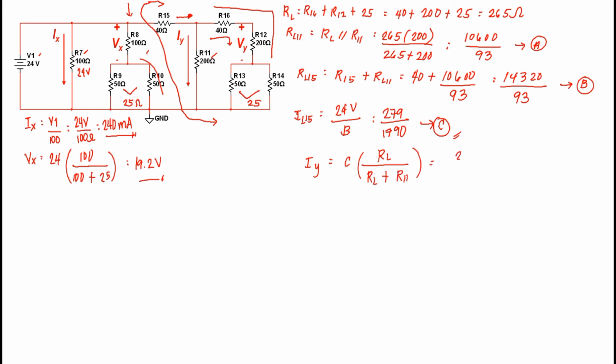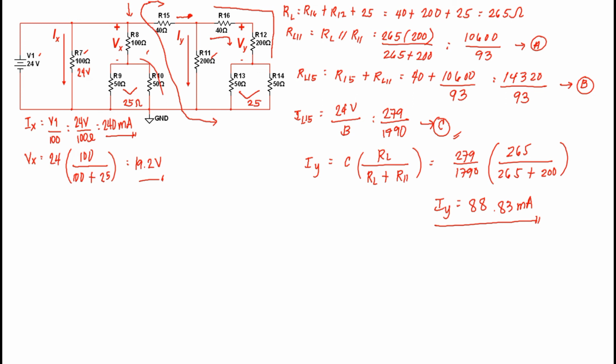So C is 279 over 1790 multiplied by RL, 265, over 265 plus R11, 200. That would be 88.83 milliampere. So Iy is equal to 88.83 milliampere.